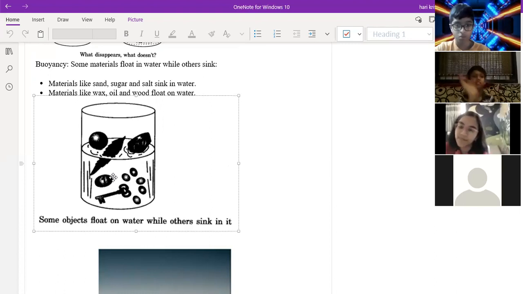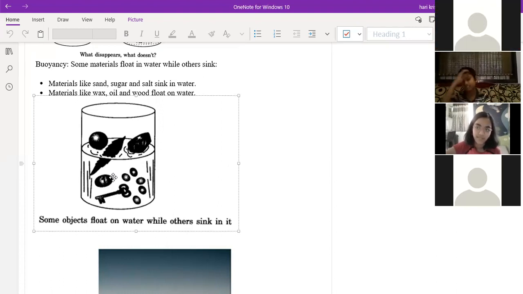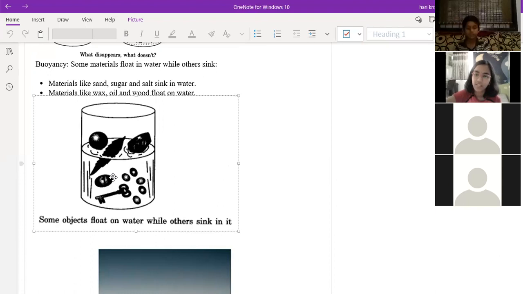Ashwath, what is the answer? Sir, because of buoyancy. Sir, I have a power cut here. I'll just switch off. Because of buoyancy, sir. Okay, just you find out, that is the homework for you today.